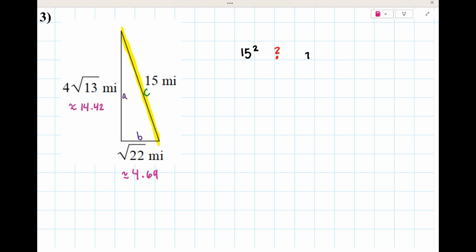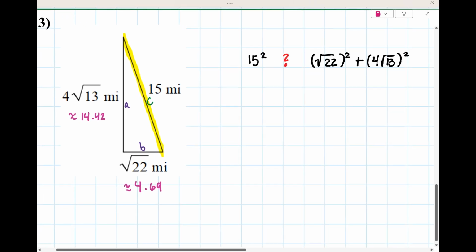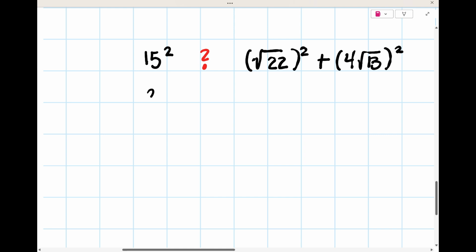We'll set up our inequality here. All right, 15 squared is 225. Question mark, we don't know if it's going to be greater than, equal to, or less than.